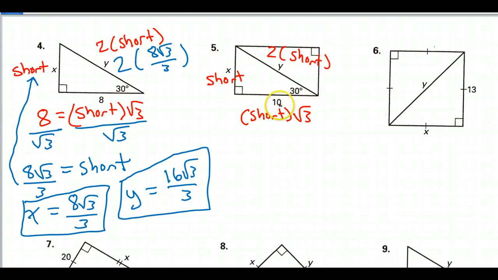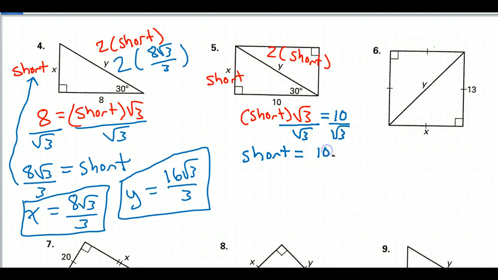Okay, but this side is 10, so that means that short radical 3 is going to equal 10. So we can solve this side by dividing. So that's going to give us that the short leg is 10 radical 3 over 3.